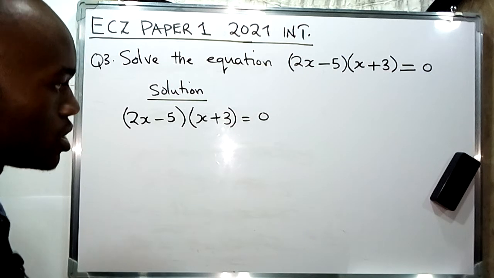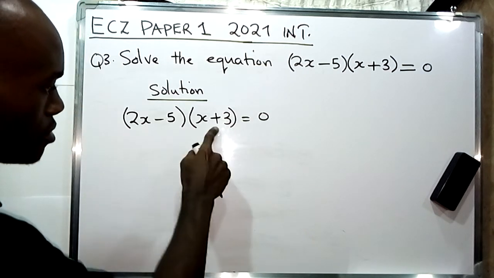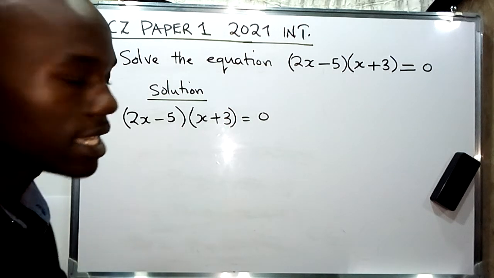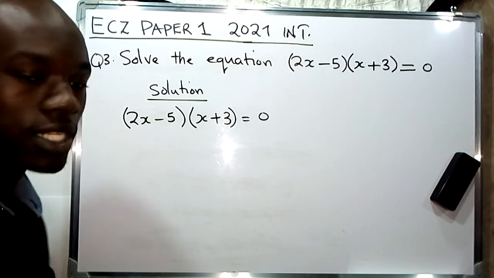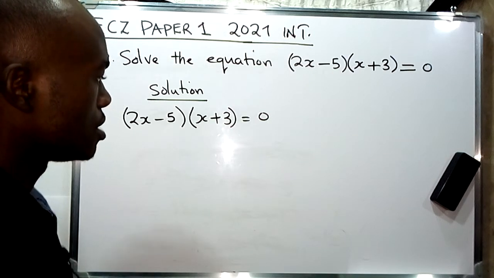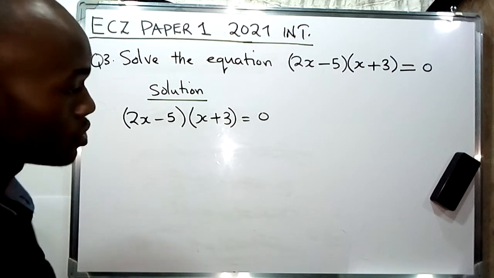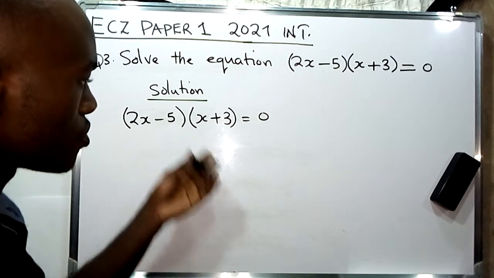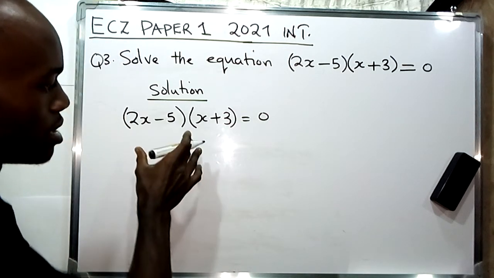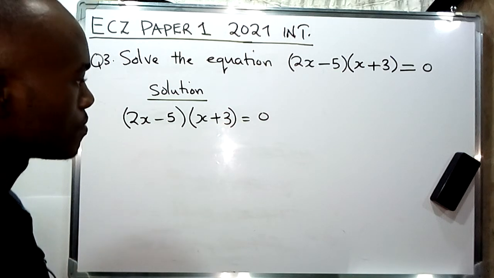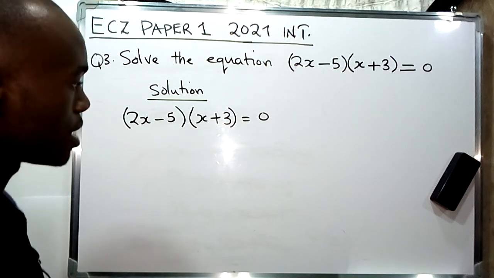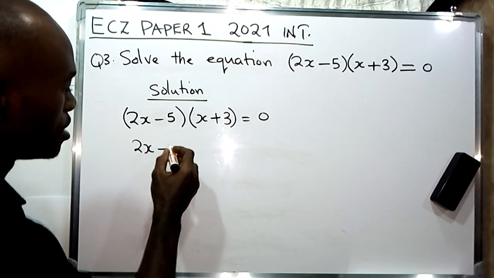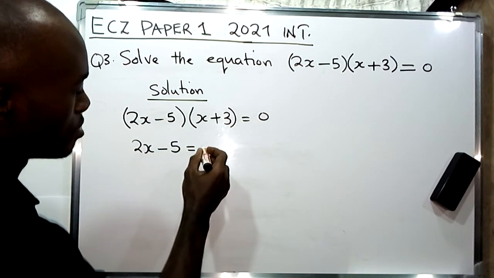However, if you want to use another method, you can start by expanding this. You get rid of the brackets, then you can use the completing the square method. If you don't want to use that one, you can even use the quadratic formula, but in this case we don't want to waste a lot of time because this equation has already been factorized, and for that reason we will just equate each of these terms to 0.